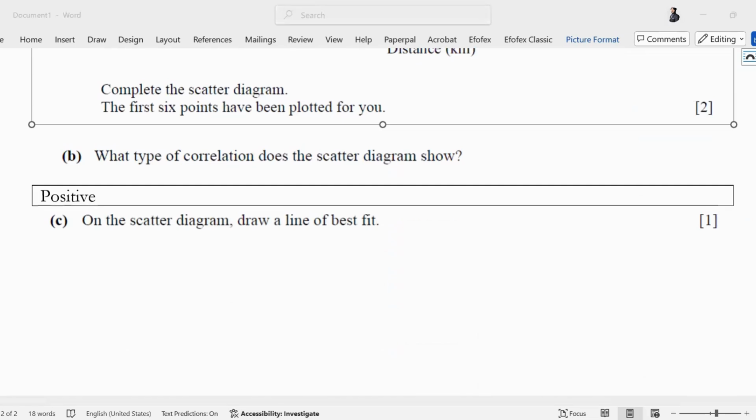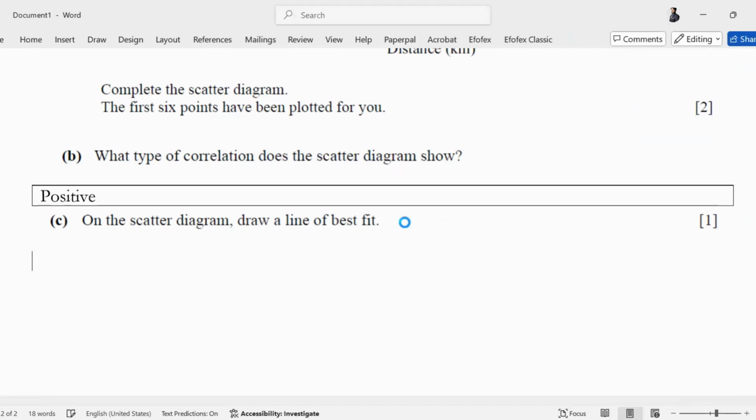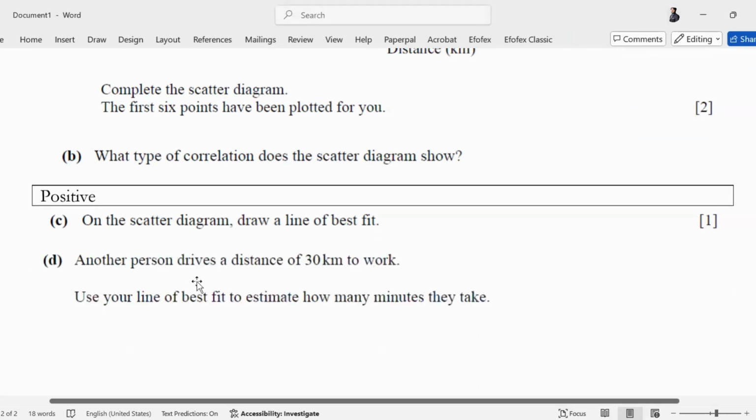Now the question wants us to tell that another person drives a distance of 30 kilometers to work. Use your line of best fit to estimate how many minutes they take.